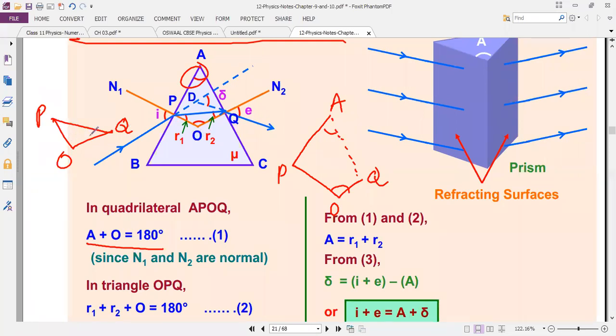In a triangle the angles sum to 180 degrees. Now angle R1, R2, O. Equation number 2.